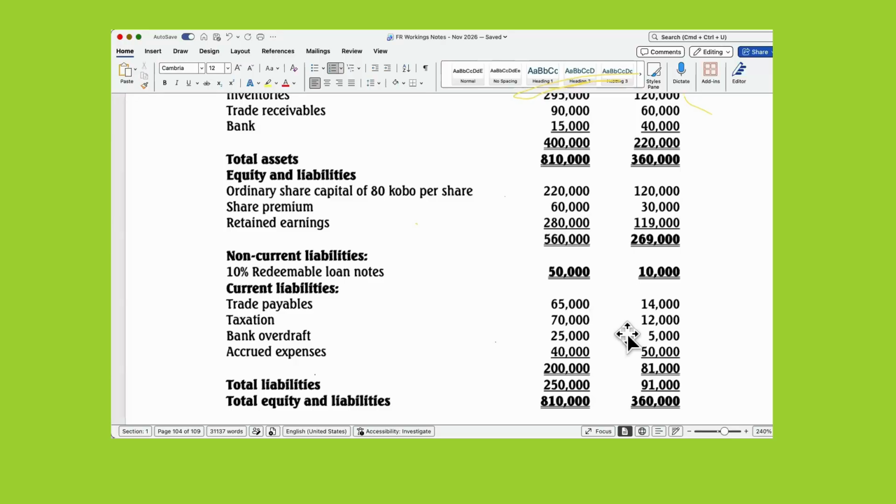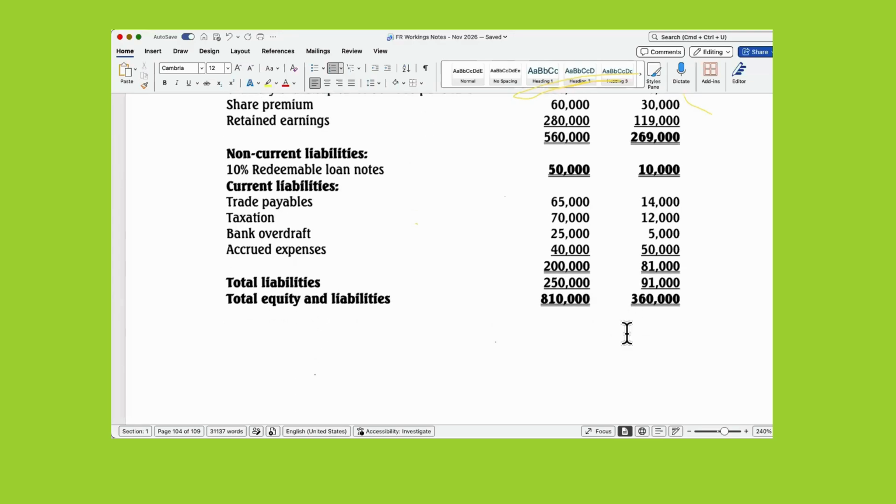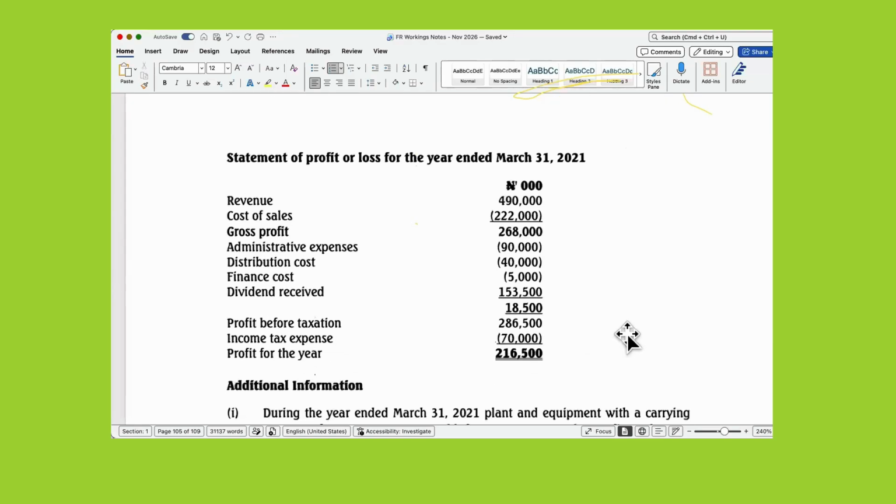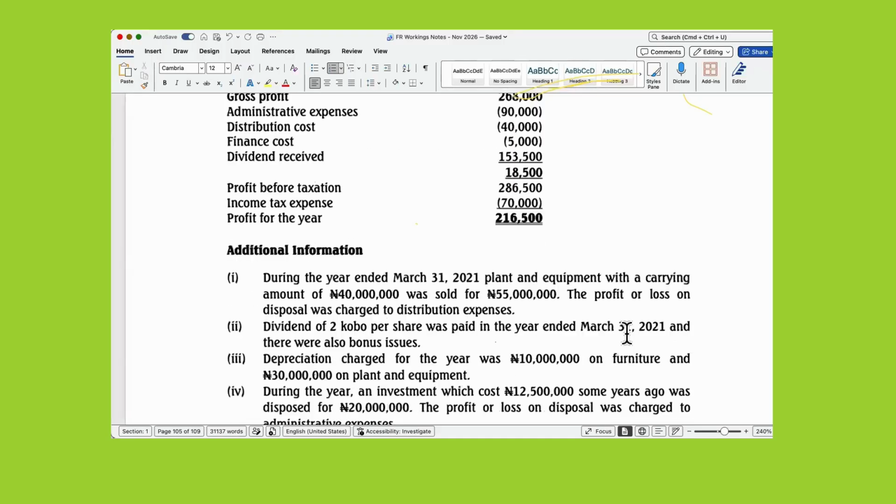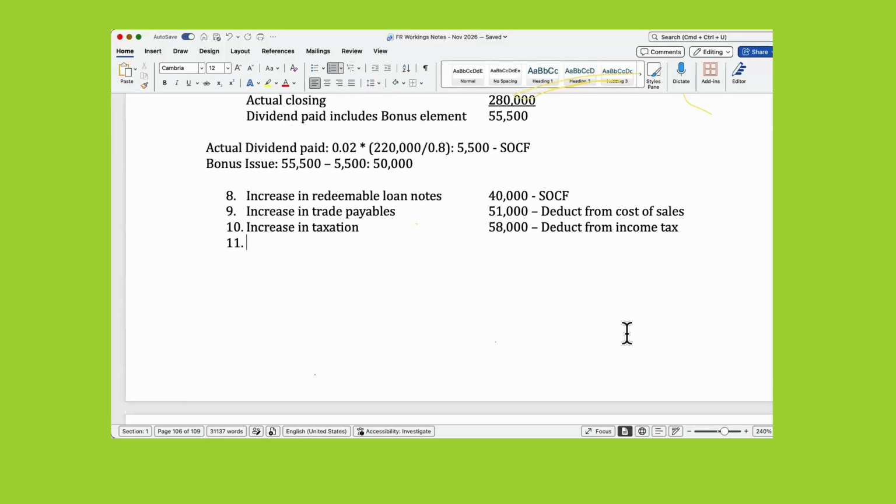For your liability to decrease, that's like a prepayment relating to an expense: a decrease in accrued expenses of 10,000. So that means this one I'm not owing. I'm simply going to add it to admin. Just add it to your admin expense.